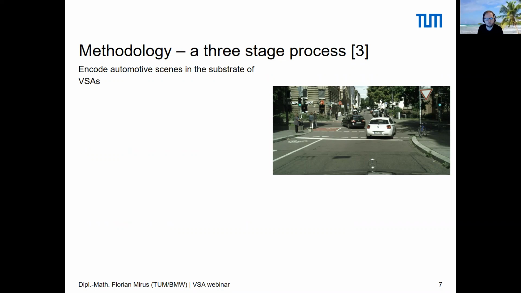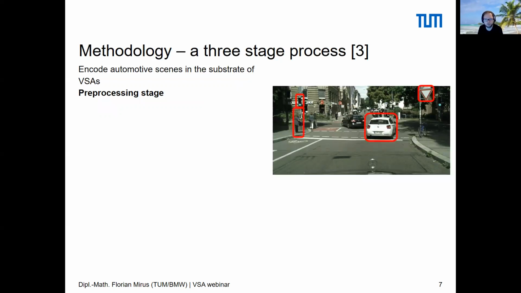Here I'm following the three-stage process suggested by Gallant and colleagues. So if we have an automotive scene such as this one, the first stage would be the pre-processing stage, so basically generating a vocabulary. So looking at what are the objects or items of interest to represent in the semantic vectors.